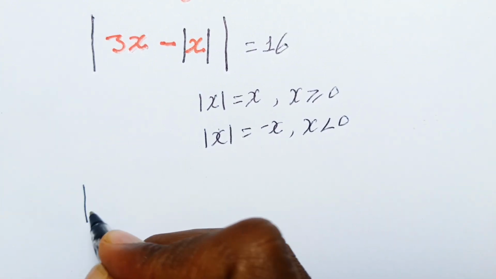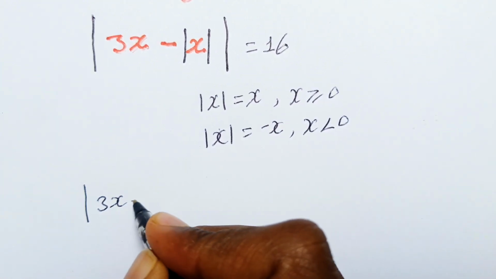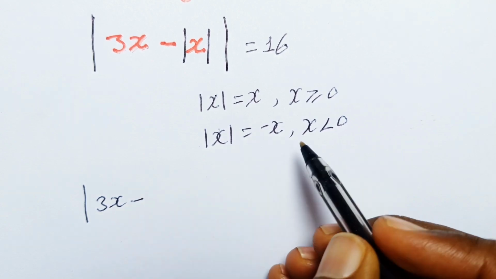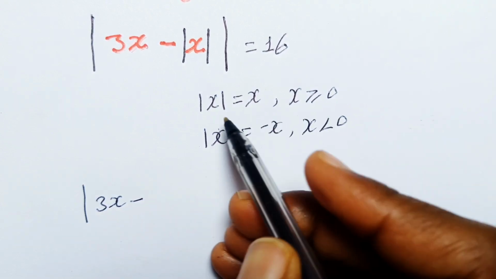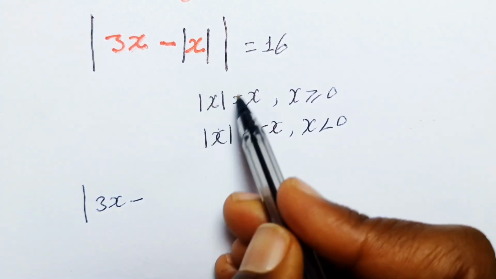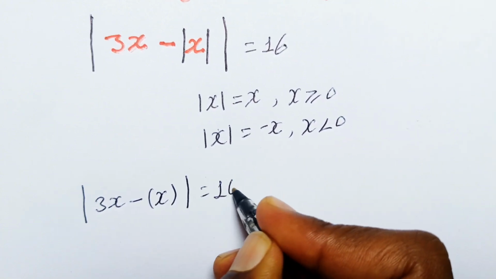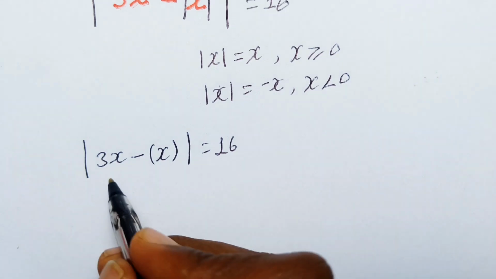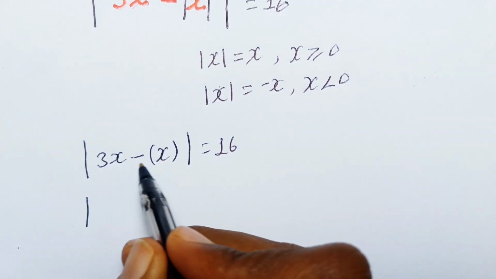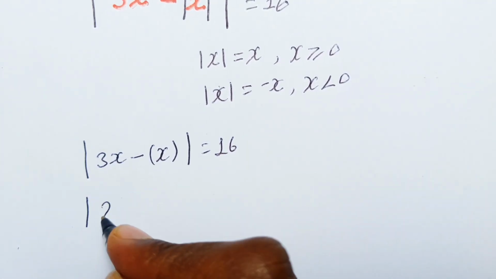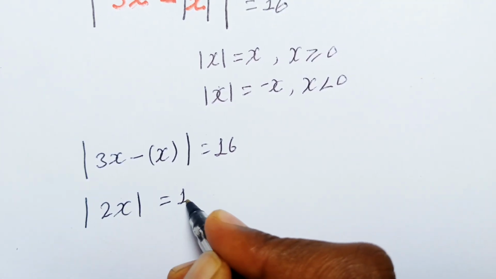So the absolute value of 3x minus, let's take the first condition, where the absolute value of x is equal to x, so x, equals 16. So the absolute value of 3x minus x is 2x, which equals 16.